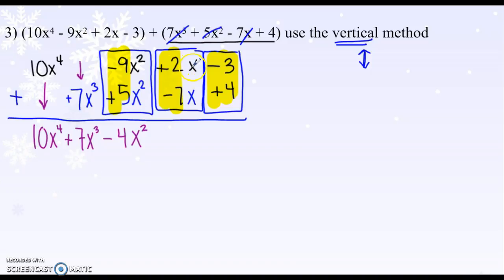Positive 2x minus 7x would give me a negative 5x, and negative 3 plus 4 leaves me with positive 1. And that's my polynomial: 10x to the 4th minus 7x cubed minus 4x squared minus 5x plus 1. And that's what you're doing today.